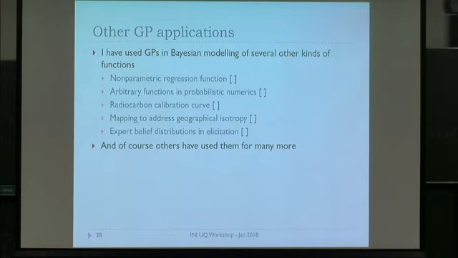You ask the expert to tell you what's the probability this thing might be above here or below there. Okay, so you learn about some integrals of that function. Great, because integrals are Gaussian, everything's Gaussian. So we did that as a way of finding a posterior distribution for what the expert's distribution was. It's not being used, it's too complicated perhaps, but it's kind of a neat idea.